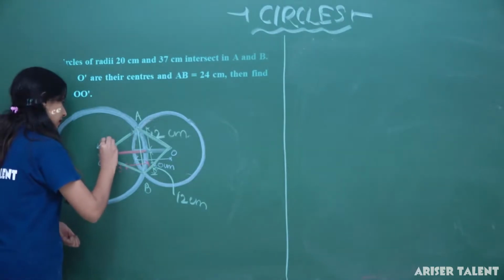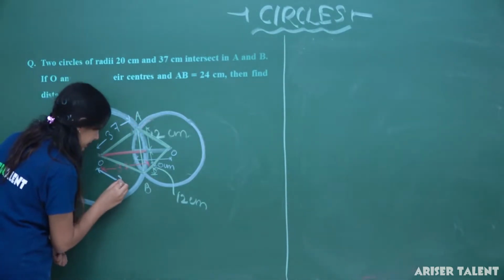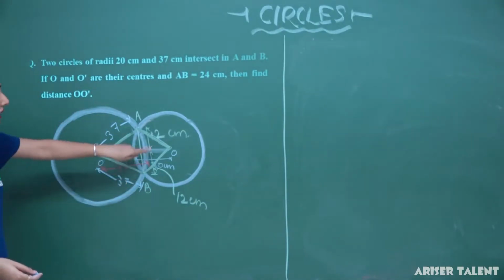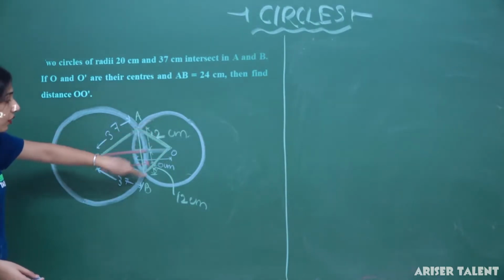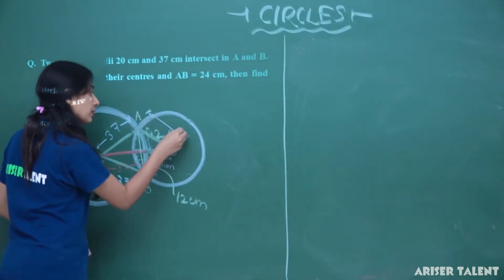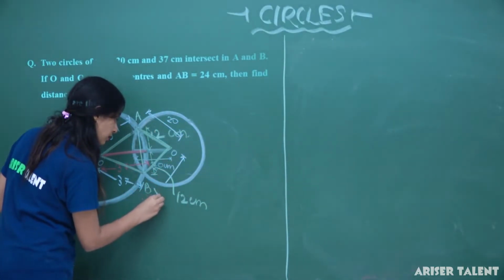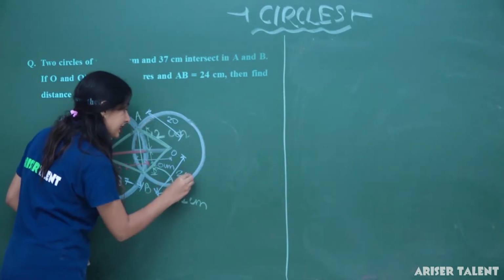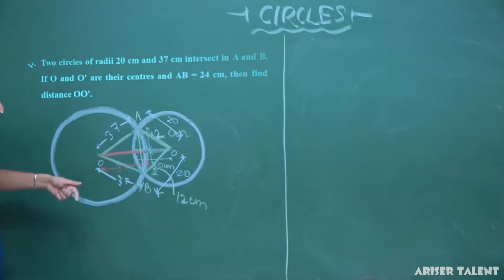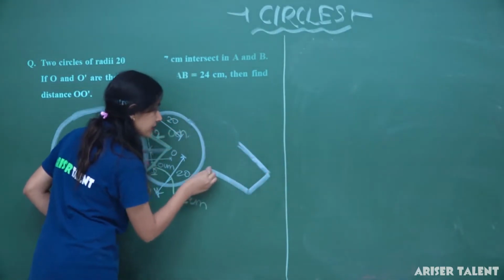So write 37 here and 37 here. Now this is a radius and this is also a radius, so that will be 20 and 20. This is 20 centimeter and this is also 20 centimeter.